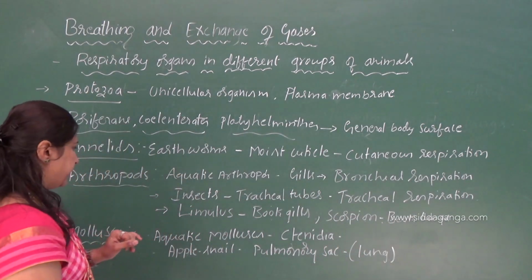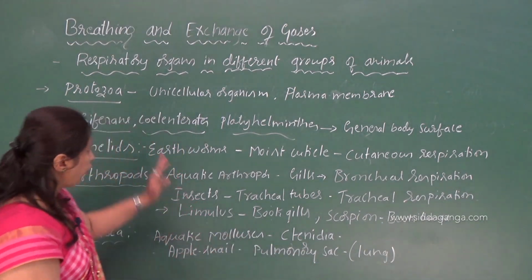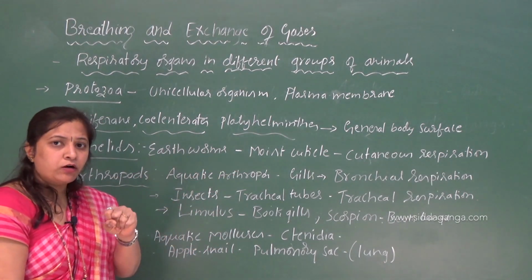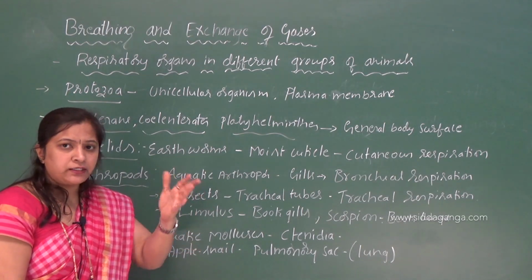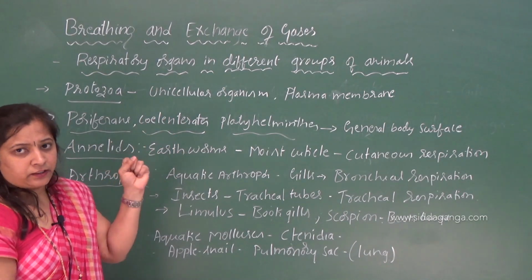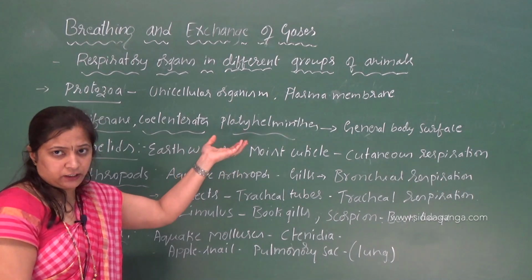So in Mollusca, the respiratory organs are the ctenidia and the pulmonary sac. All these are the respiratory structures in invertebrates. Invertebrates means the animals without a backbone or vertebral column. Okay, so we'll come to know the respiratory structures and the mechanism of exchange of gases.